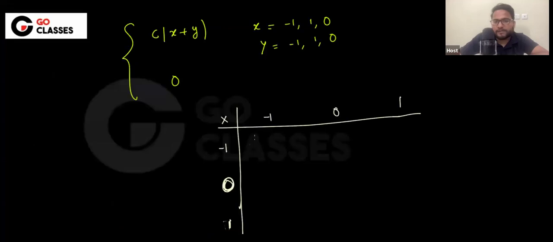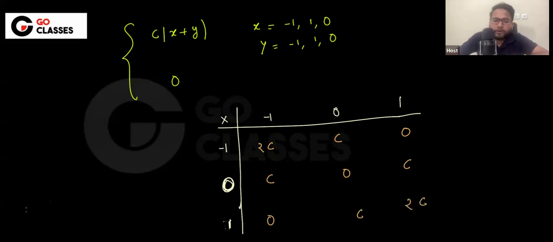So here it is -2, which means 2c. Here it is -1, which means just c. Here it will be 0. Here again 0 and -1, so I think it is 1c. Then 0 and 1, which is 1c. Again this is 0. This is 1c. This is 2c, right?